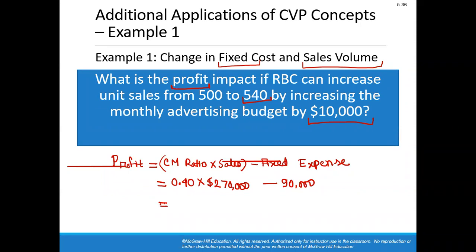And what should our profit be in this case?